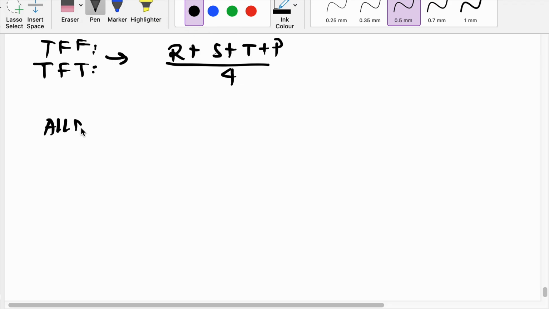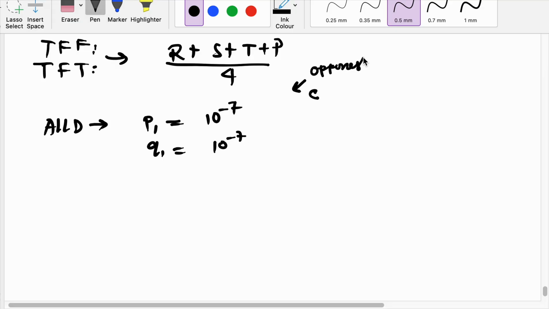The ALLD strategy has p1 equal to 10 to the power minus 7 and q1 equal to 10 to the power minus 7. That means if my opponent cooperated in the previous round, the probability of cooperating in this round is 10 to the power minus 7.